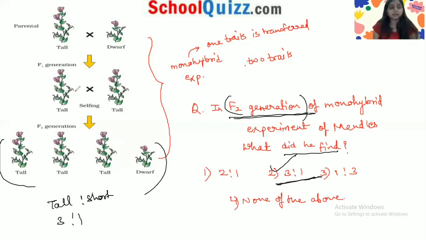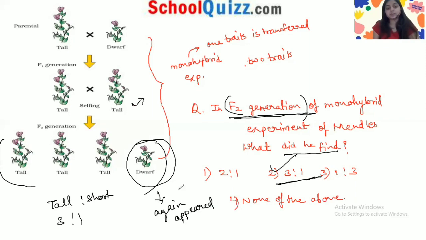He found that in the F1 generation only the tall plants come, but in the F2 generation, when self pollination happened, the dwarf plant, the short plant, which was not in the F1 generation, appeared again. So there must be some short properties also in this plant. So the gene pair will be tall and short. So this was his monohybrid experiment.